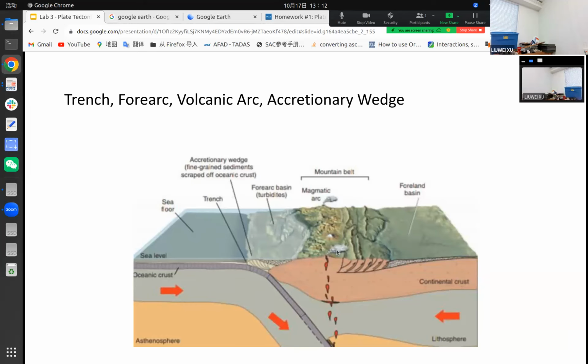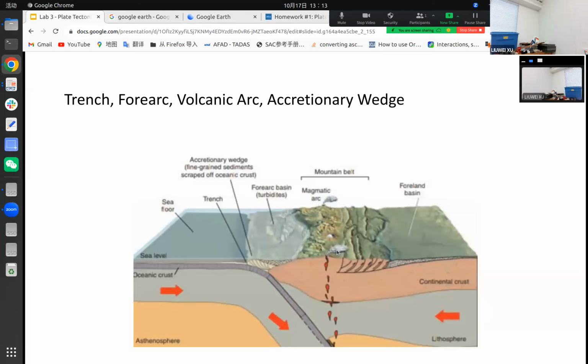And then if we go further onto the land, we will see some volcano chains here. The formation of these volcanoes is because the subducting plate brings water into the mantle, and at the mantle, the water changes the physical properties of the mantle materials above it.